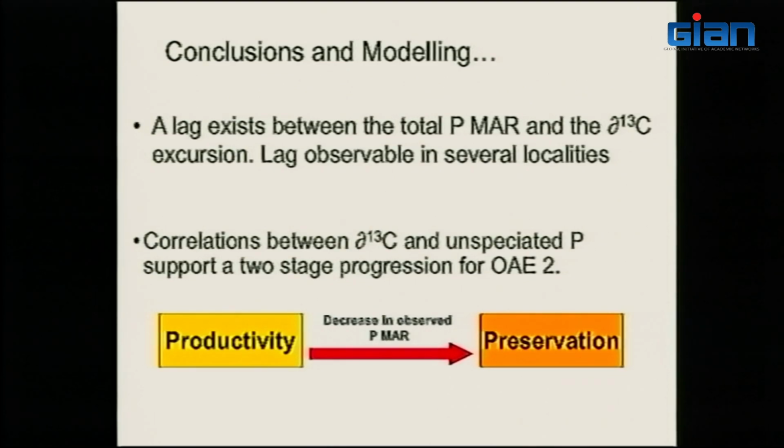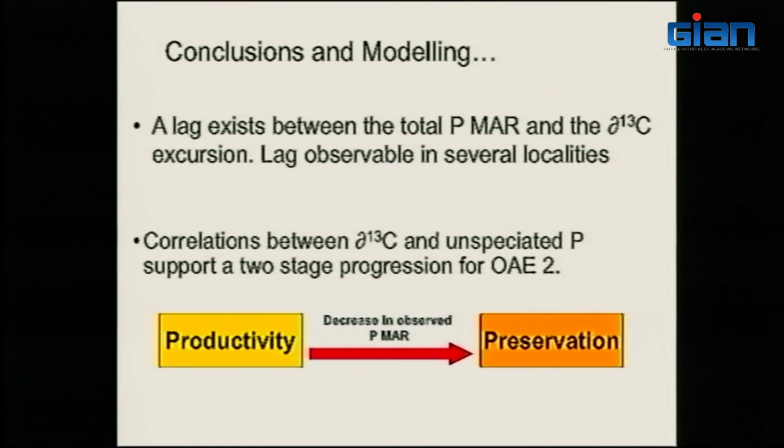So the question is the following: well, okay, a big part of organic matter at the beginning is linked to increasing productivity. There is strictly no problem about that. And it's linked to this change in climate, increasing greenhouse condition, increasing alteration leading to more and more phosphorus from land.